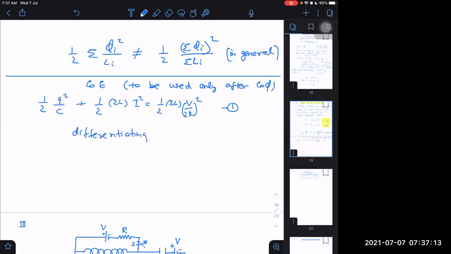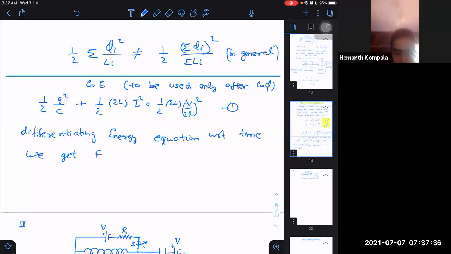Differentiating the energy equation with respect to time, we get the force equation.